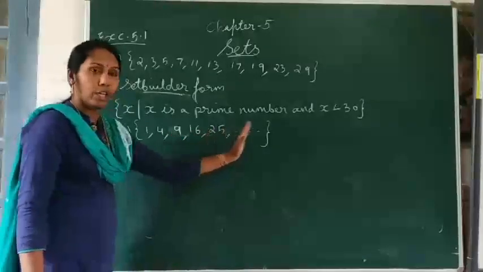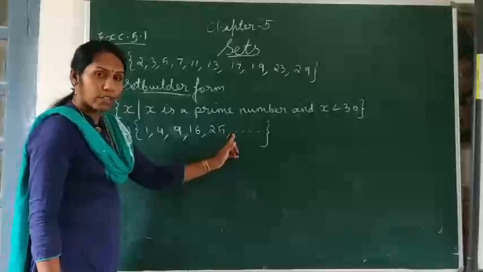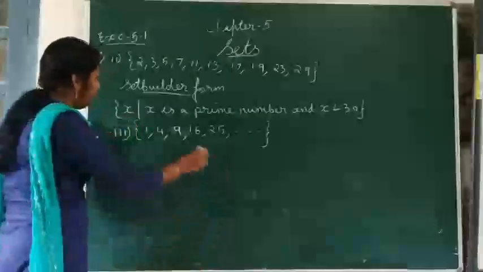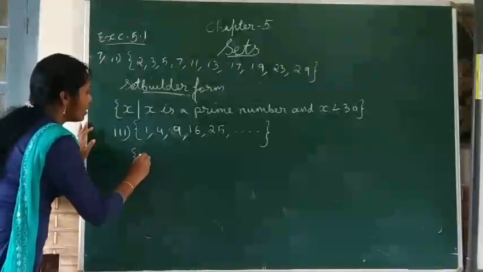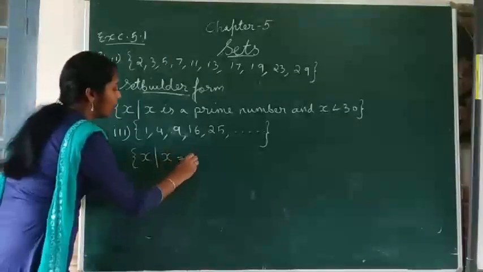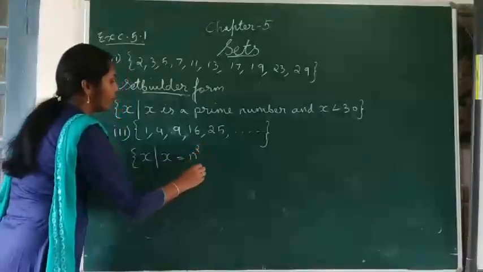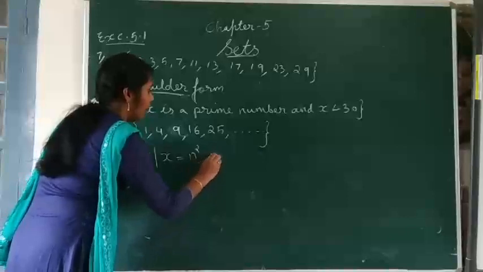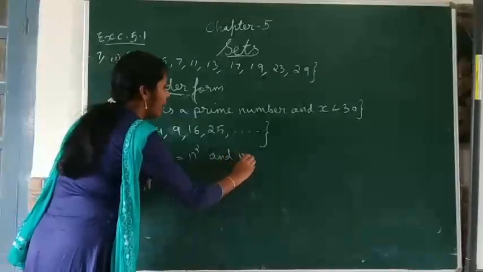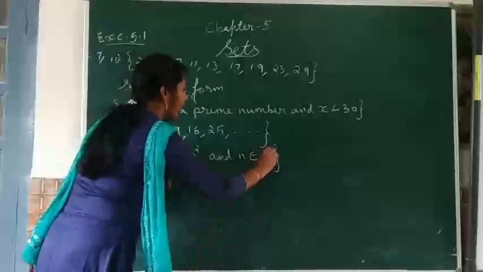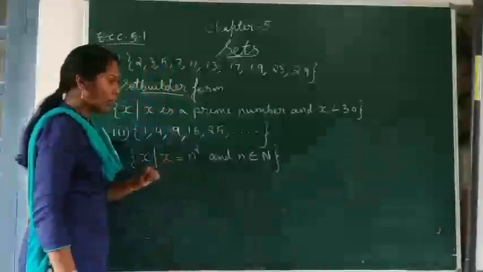It will continue like the square of 6, square of 7, etc. Therefore, we can write the set builder form as set of all x such that x is equal to n square and n belongs to N, where N represents the set of natural numbers.